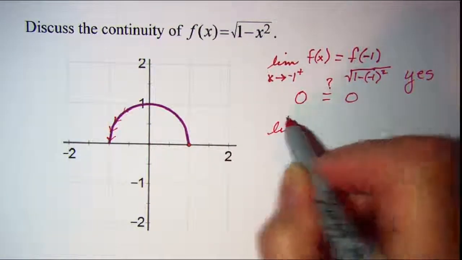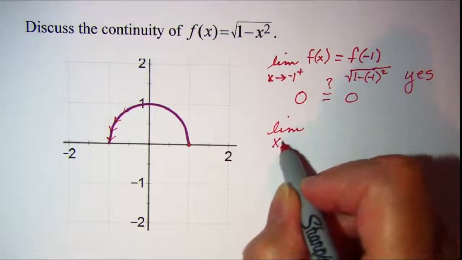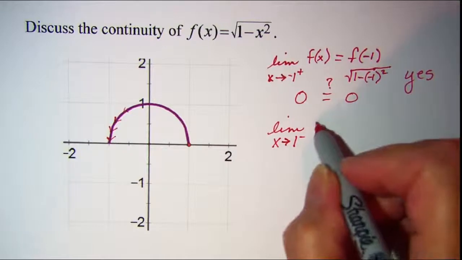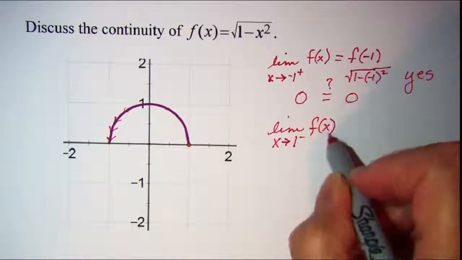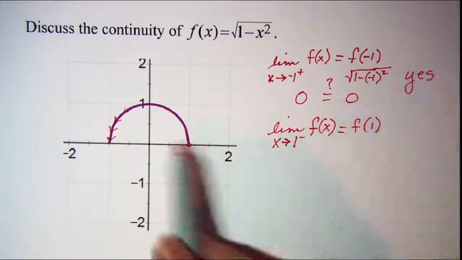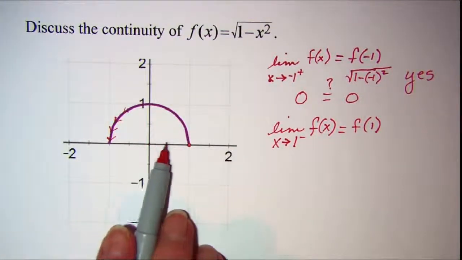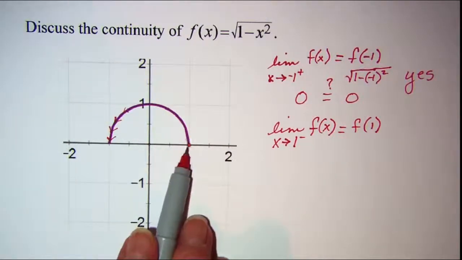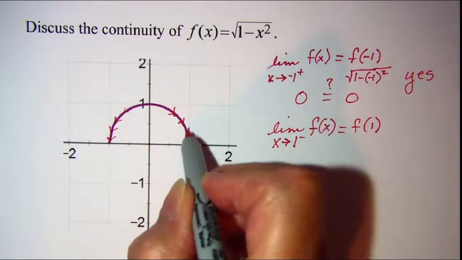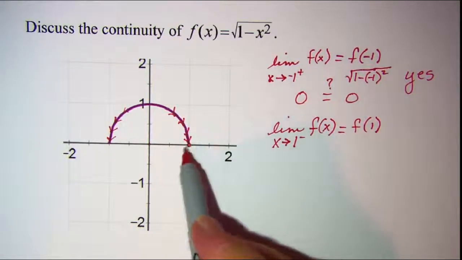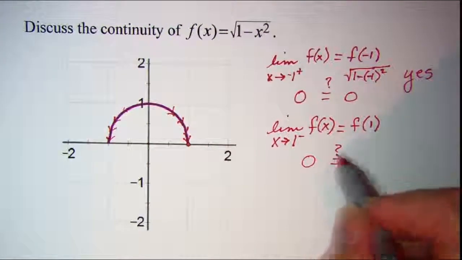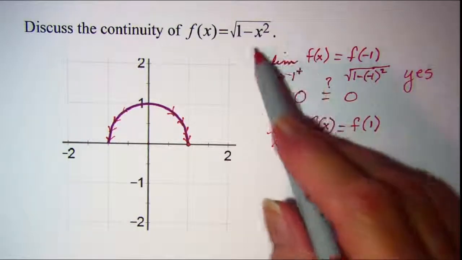We also need to check the other endpoint. So we need to see if the limit as x approaches +1 from the negative direction is equal to f of +1. As we come in closer and closer to this endpoint on the function, we can see that that limit, or that y value, is 0. Then we need to see if f of 1 is also 0.